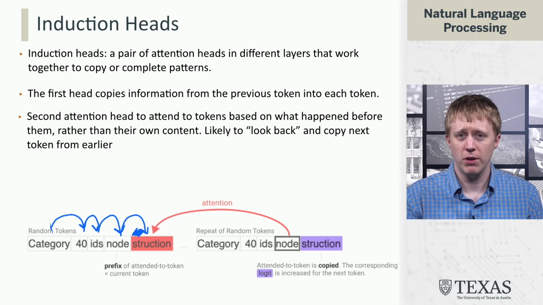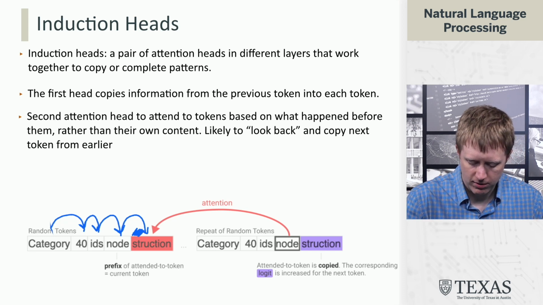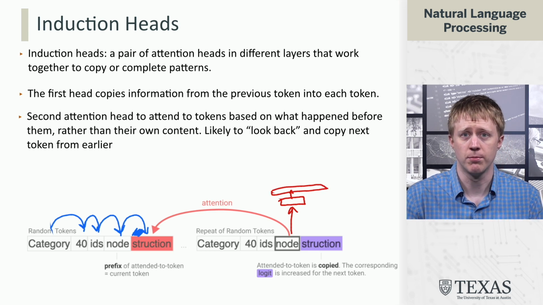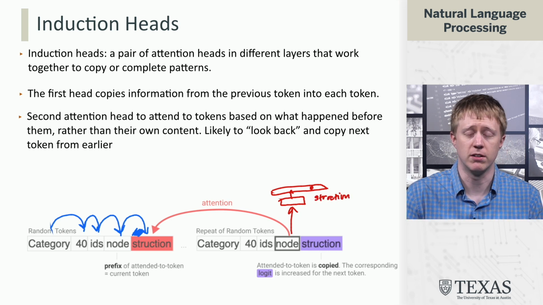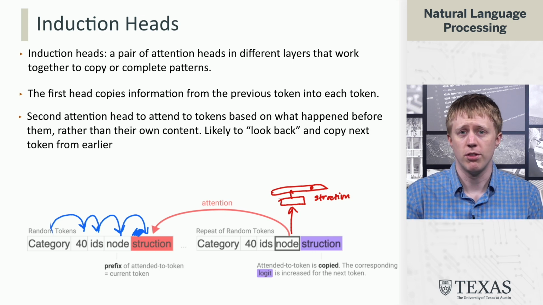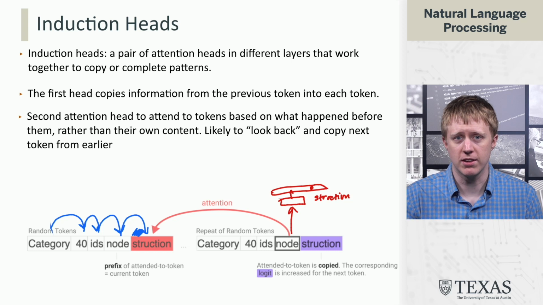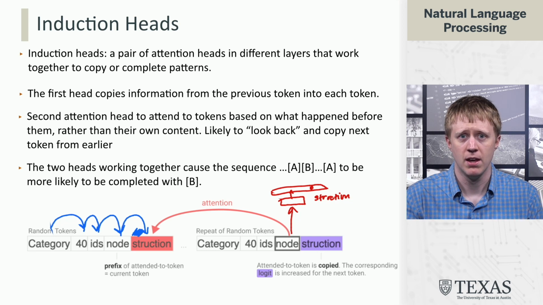Remember, in the transformer, the self-attention computation ultimately leads to some kind of vector, which leads to a prediction over the vocabulary. Maybe the thing that gets predicted to come next is this struction token. The fact that the model can look back and identify struction using the attention mechanism allows it to predict that as coming up next.